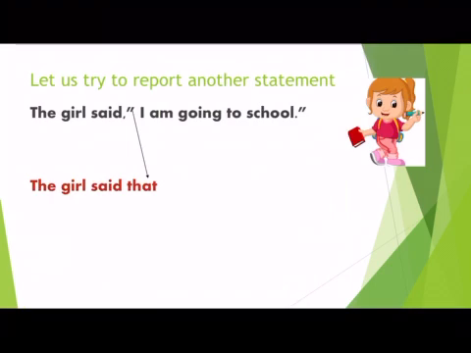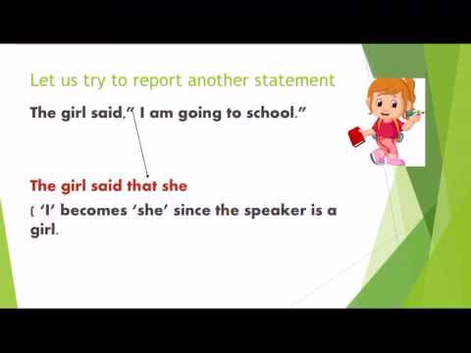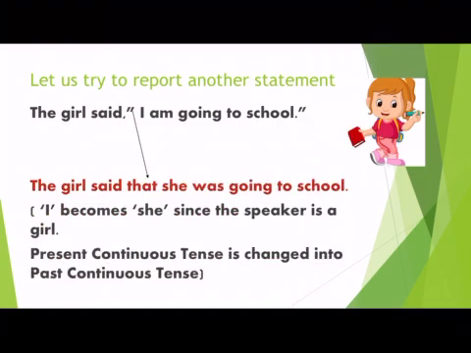Now since the speaker of this statement is a girl, we are going to change I into she. And now we have to change the tense of the dialogue. The tense of the dialogue is present continuous tense, which will be changed into past continuous tense.